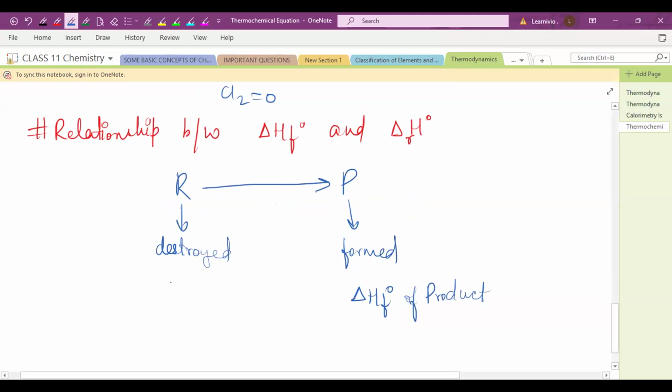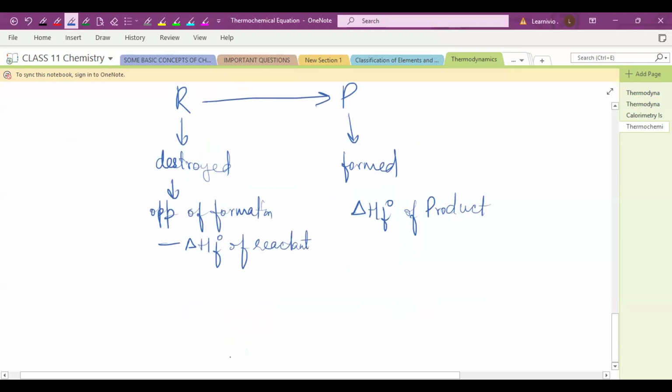It is just a opposite of formation. So can we write minus delta HF naught of reactant? Yeah, so it is just opposite of the formation. So we can write minus delta HF naught of the reactant.